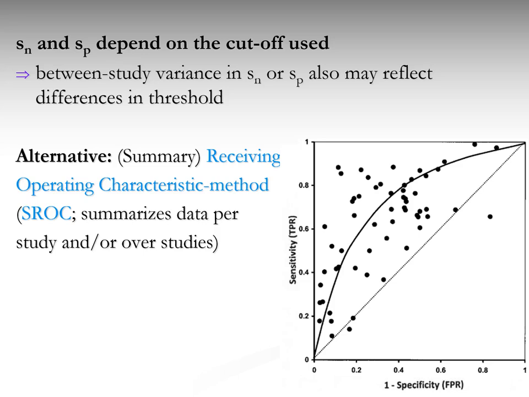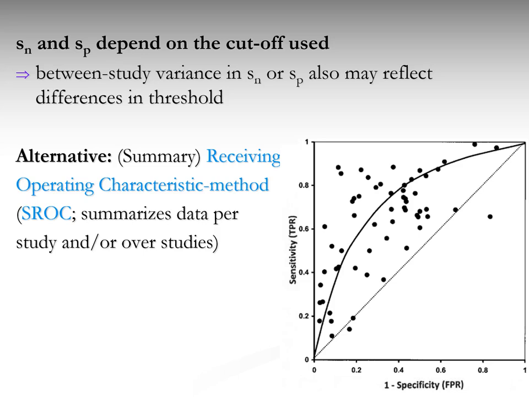Now, here you can see the results of multiple studies. Each dot stands for one specific study. All these studies studied one specific instrument. So all these data together give some evidence that that instrument seems to work.